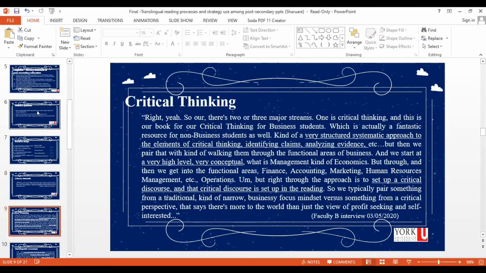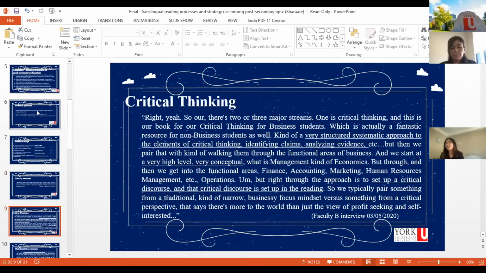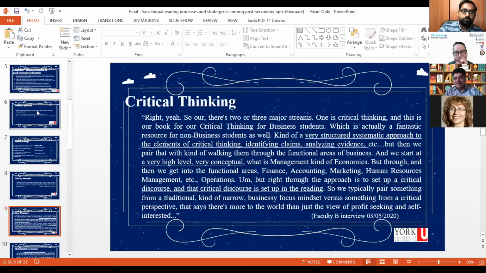And another professor said that there are 2 or 3 major streams. One is critical thinking, that is our book, and our critical thinking in the business students. In that case, he described a very structured and systematic approach to the elements of critical thinking, identifying claims and analyzing evidence with a high level of conceptual understanding.